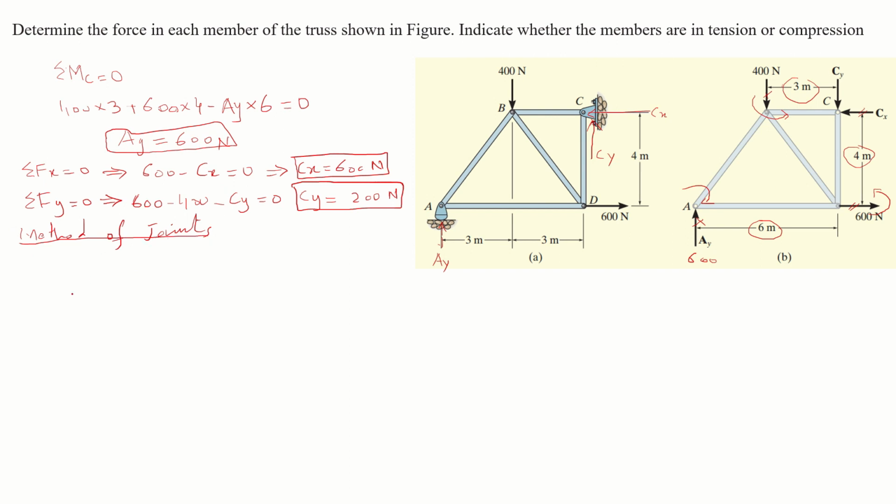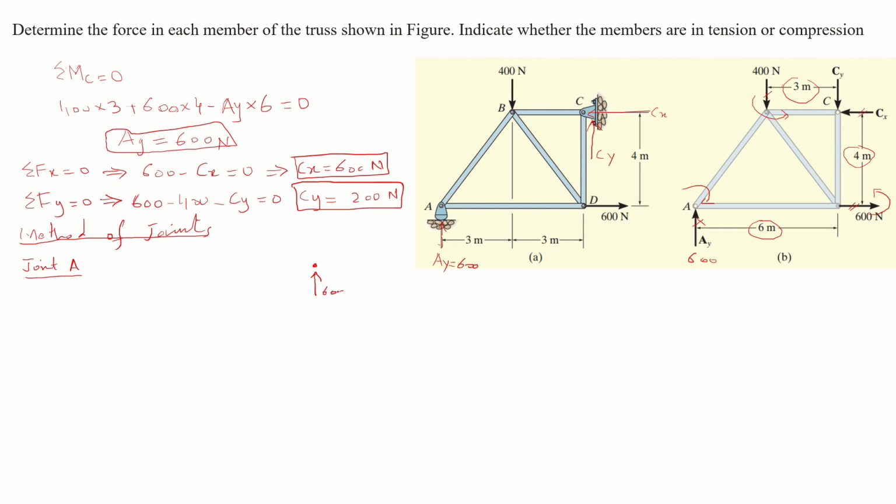In the method of joints, we will start at joint A. At joint A, we will draw the free body diagram of this joint.